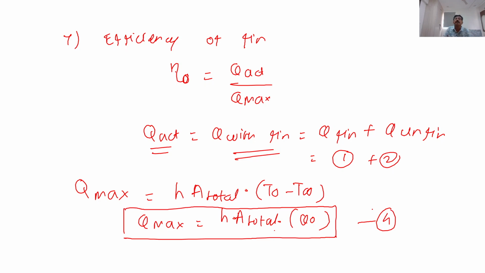So eta O becomes 1 plus 2 divided by 4. Equation 1 plus equation 2 divided by equation 4 gives the overall efficiency of the finned system, or simply fin. So these are the formulas we need to utilize for solving the numericals of the fin.